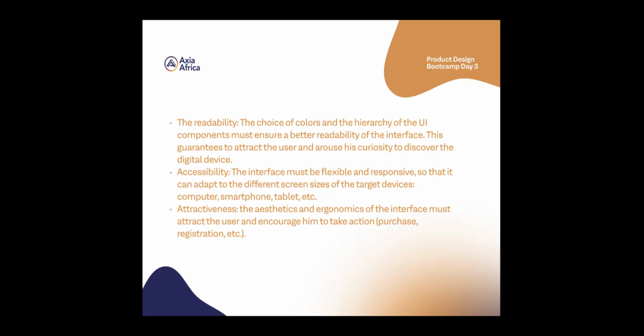Now, readability. The choice of colors and the hierarchy of the UI components must ensure better readability of the interface. This guarantees to attract the user and arouse his curiosity to discover the digital device. There's something called enabled states, hover states, and disabled states.